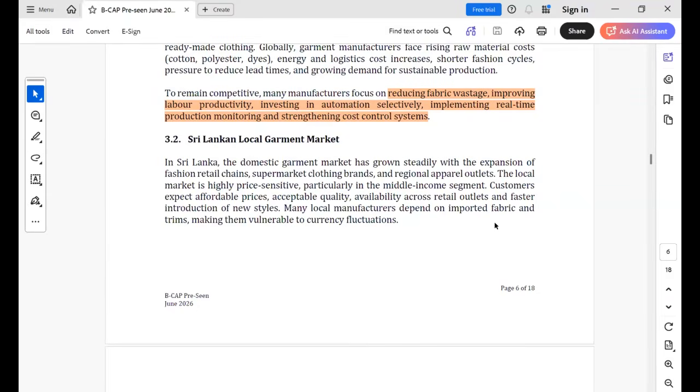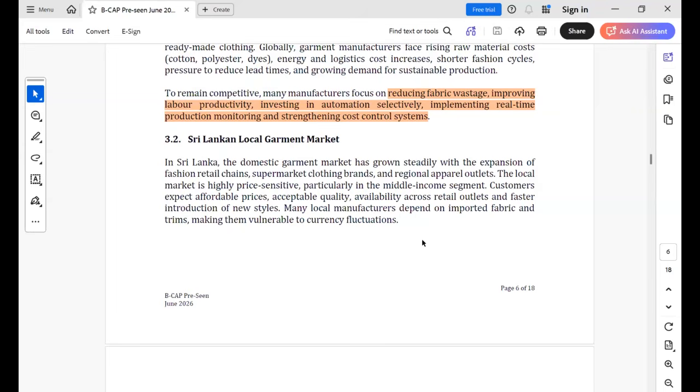The local market is highly price sensitive, particularly in the middle-income segment, because this is the target. Customers expect affordable prices, and that's true because you and I always look at value for money. Customers expect affordable prices, acceptable quality, availability across retail outlets, and faster introduction of new styles. We always prefer to see new styles, no?